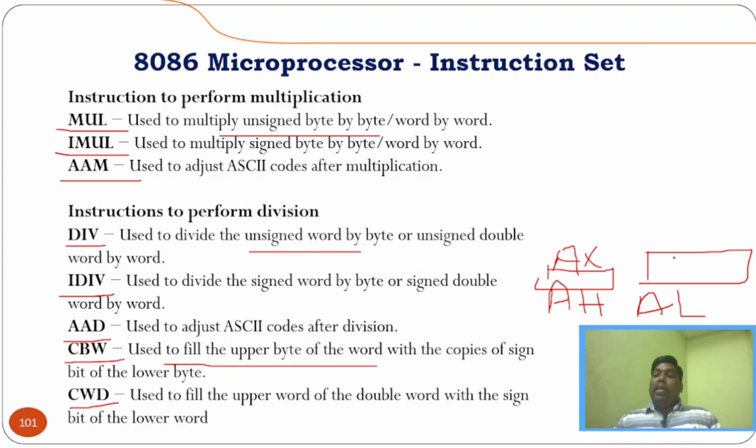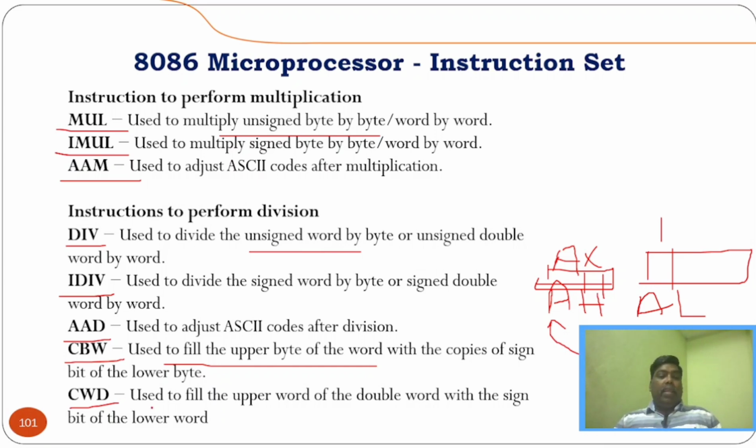If the sign bit of AL is 1, then all the bits of AH will be 1. If it is 0, then that will be extended to AH. That means the sign bit of the lower byte will be extended to the higher byte, right? If it is 1, all the bits will be 1 in the higher byte. If it is 0, then all the bits will be 0, right?